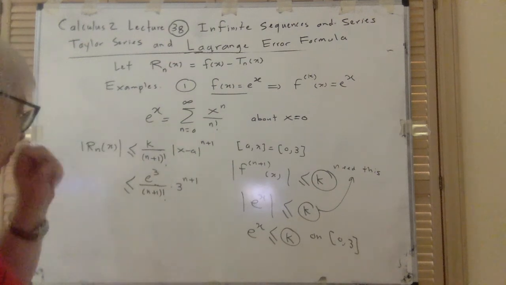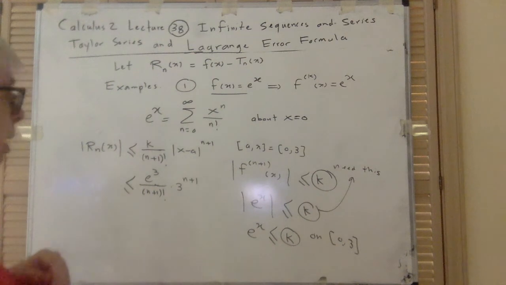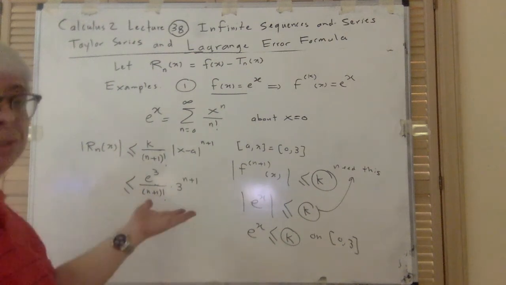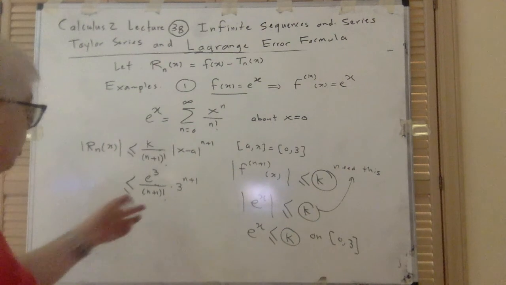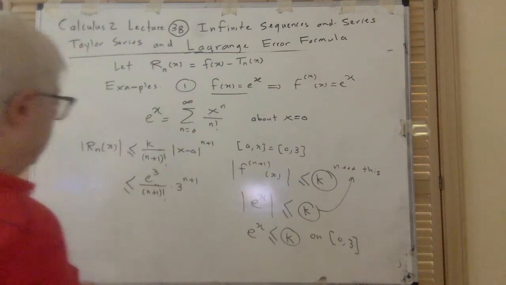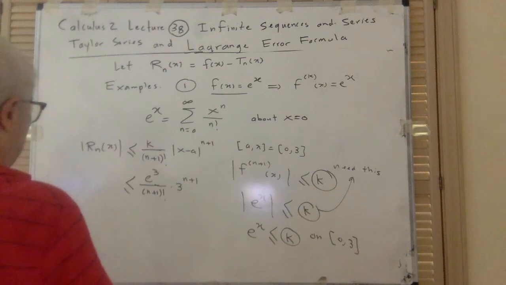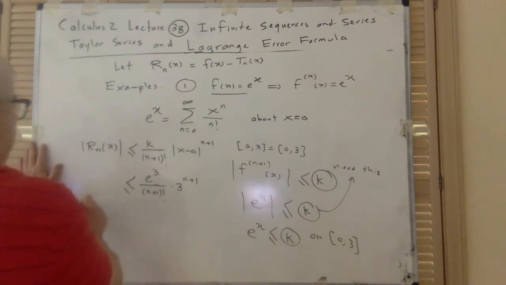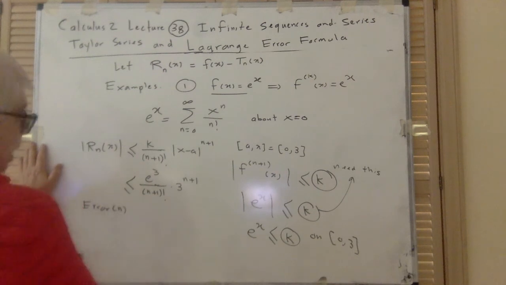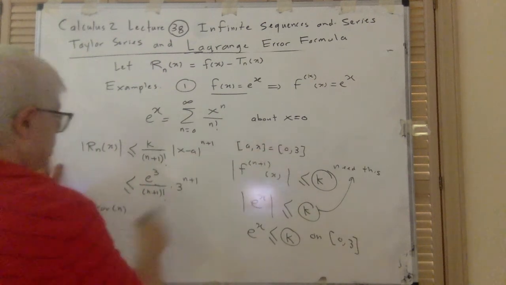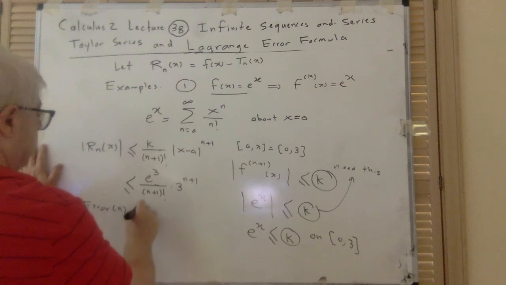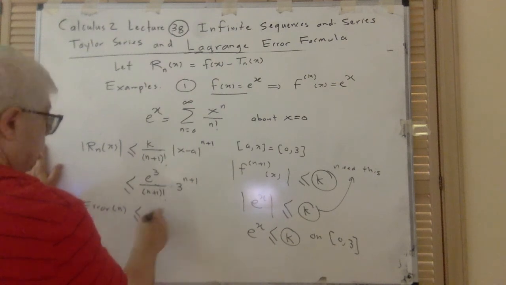So my error as a function of n is this nice function. This error as a function of n, everything else is fixed, is less than or equal to this guy here.